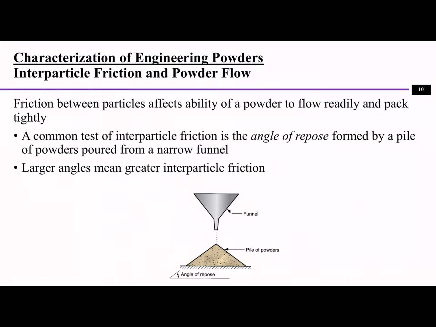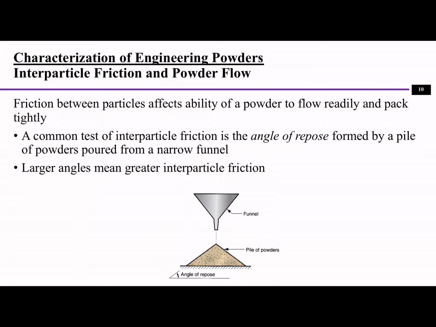Because the powders have different shapes and sizes, when you mix them together there is friction between particles, and the friction matters in the flow of the powders. There is a way to measure this friction, called the angle of repose.